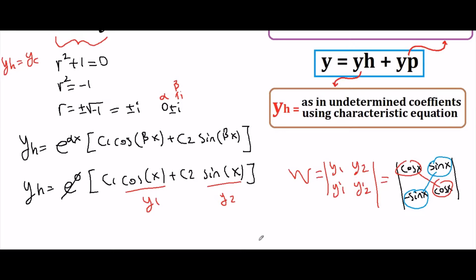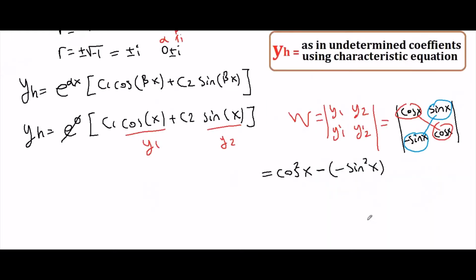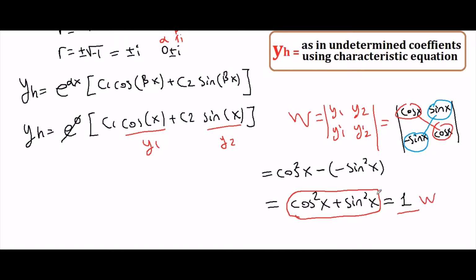So cosine times cosine x is cosine squared of x minus negative sine x times sine x is negative sine x squared. So this is going to be addition. Cosine squared of x plus sine squared of x is equal to 1 by the Pythagorean identity. So you need to know Pythagorean identity for these trigonometric functions. So our Wronskian is 1.